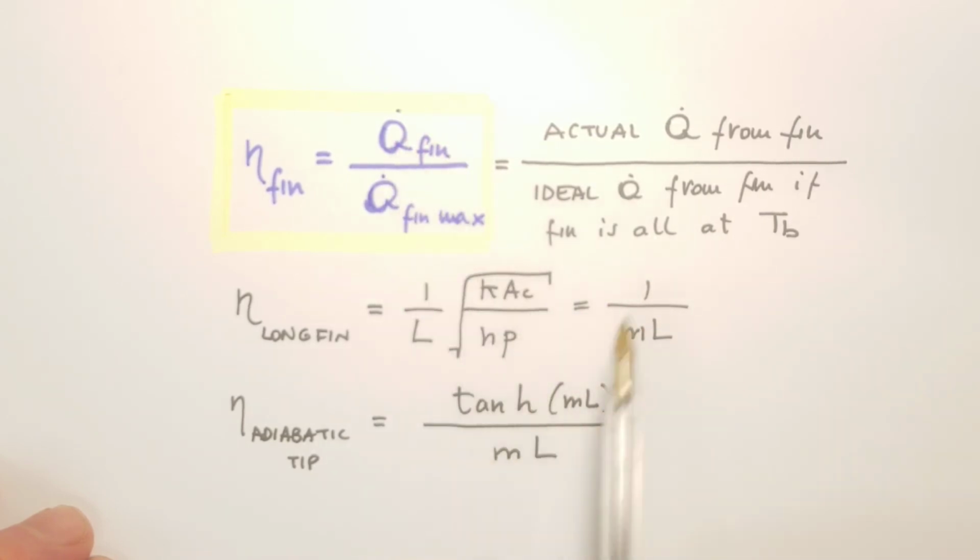And by using this, we can substitute the expressions of the heat transfer from the fin in the two cases we studied. For example, the efficiency for a long fin is simply 1 divided by mL, and the efficiency in the case of adiabatic tip is the tanh of mL divided by mL.